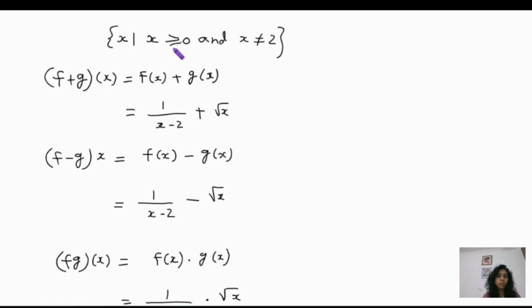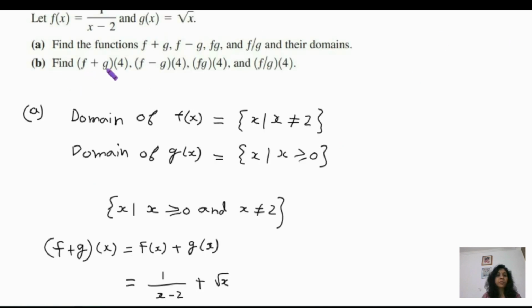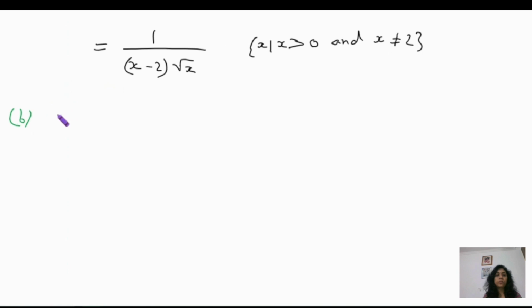Here it includes 0. Okay. Now question B: find (f plus g)(4), (f minus g)(4), (fg)(4), and (f upon g)(4). So now (f plus g)(4). Here f(4) plus g(4).